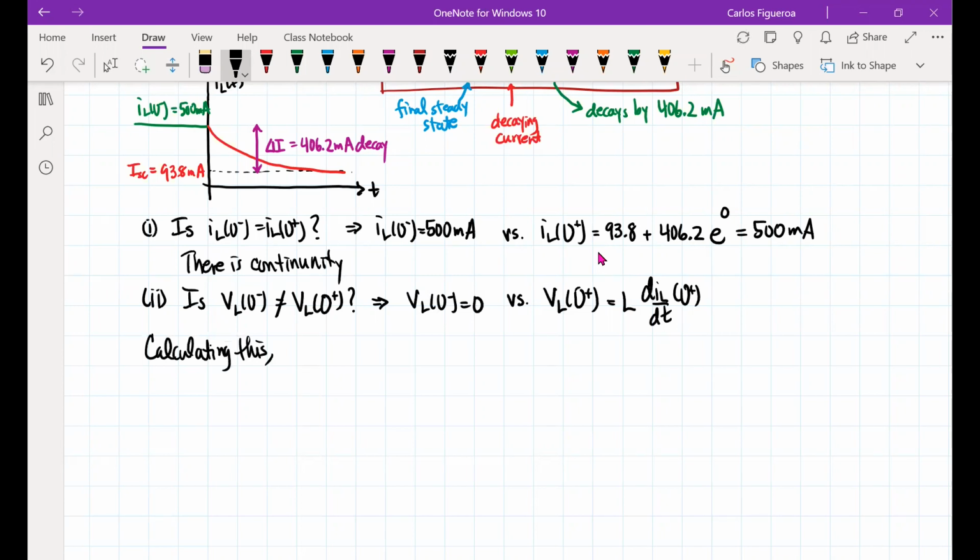What we see here is that VL of 0 plus is going to be what? I have my inductor value, which is 0.1. Then I have to take the derivative of the inductor current. Note that the first term is going to give me 0, because I have 93.8, a constant.